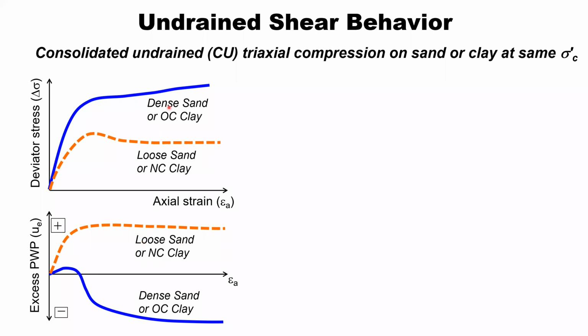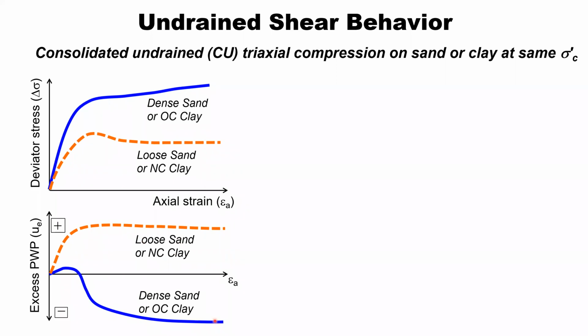In the case of the dense soil, remember we started with it tightly packed here. It wants to ride up and over its neighbor, but if water can't enter that space, as those particles try to ride up and over their neighbors, the water goes into tension. If the water goes into tension, we get negative excess pore water pressures.